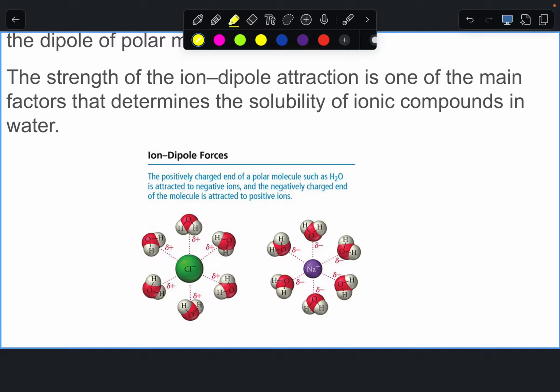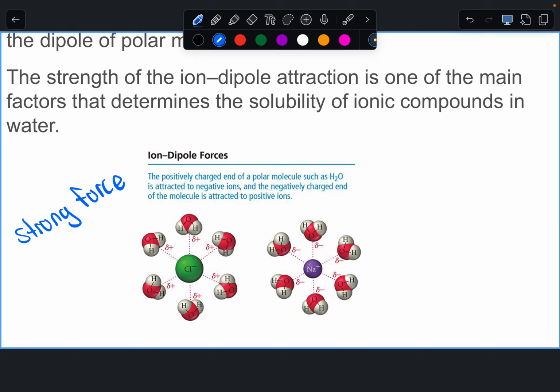Well, when you start to throw in ions, like from a salt, from an ionic compound, now you've got a relatively large partial positive from the water with a full negative from the chlorine. So these actually create a pretty strong force between the ion and the water itself.